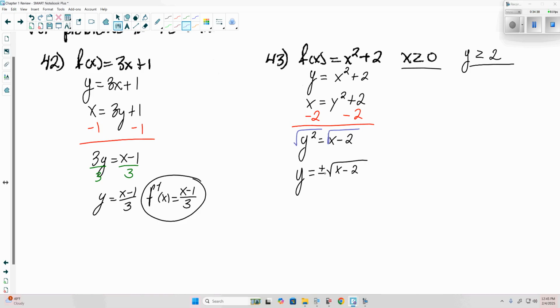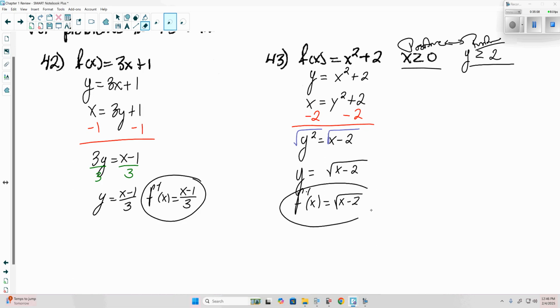But since we said the domain of the original function was positive, and it works out that its range is positive, when we find the inverse, these flip, but our domain and range for either one is still going to be positive, which means we're going to look at the positive case, telling us f inverse of x is equal to the square root of x minus 2.